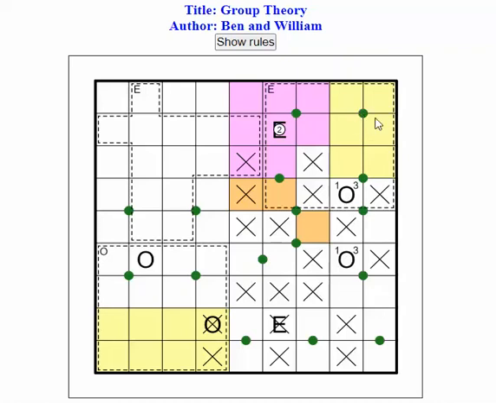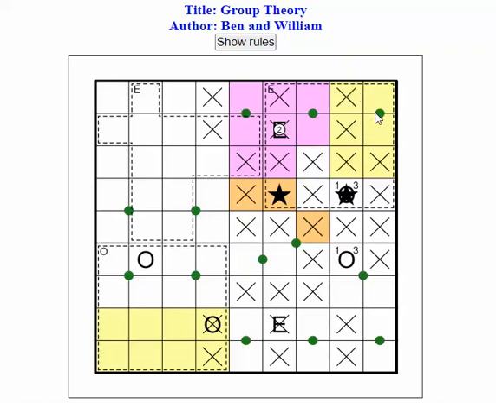Oh yeah, there's only 1 in the yellow, so I see now that this is a 1. Because this is a 1, obviously I gotta have just 1 in here, I can't put 3 in there.